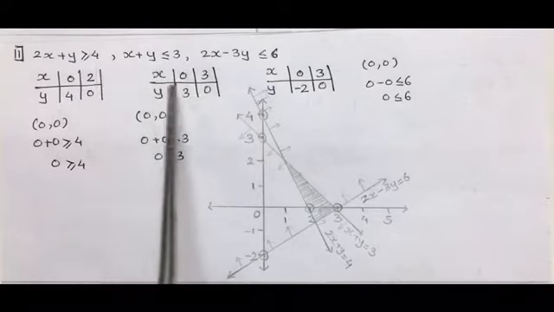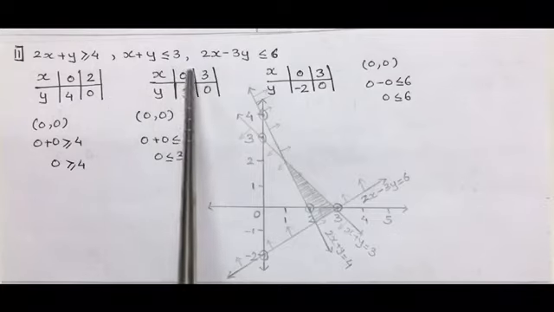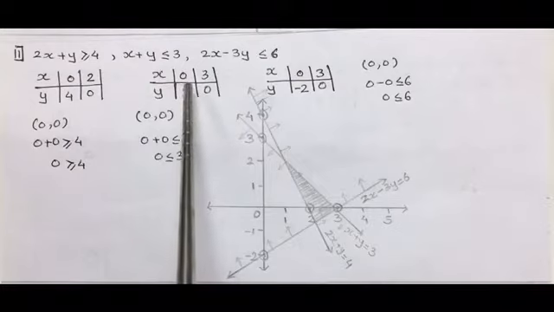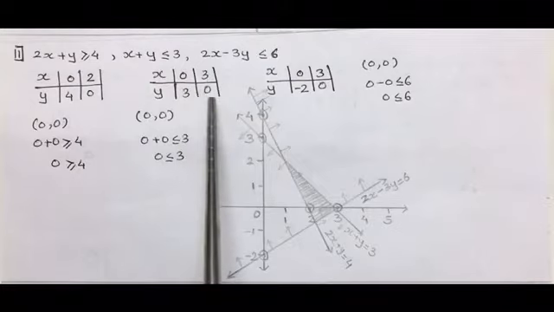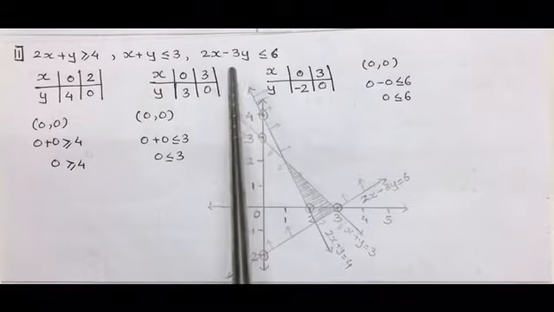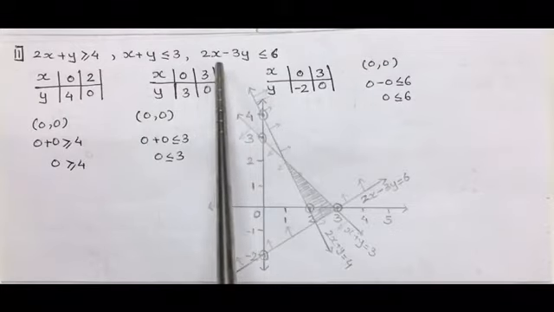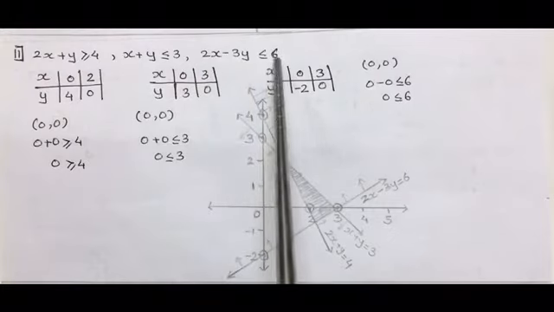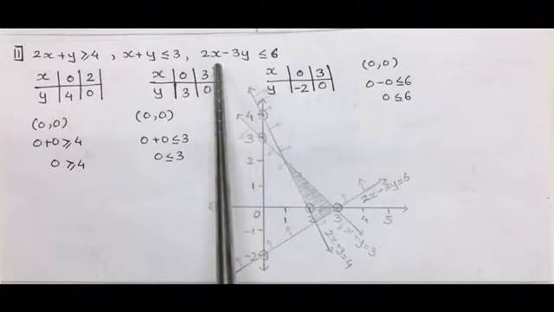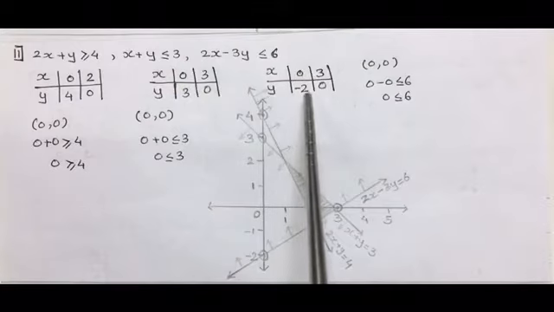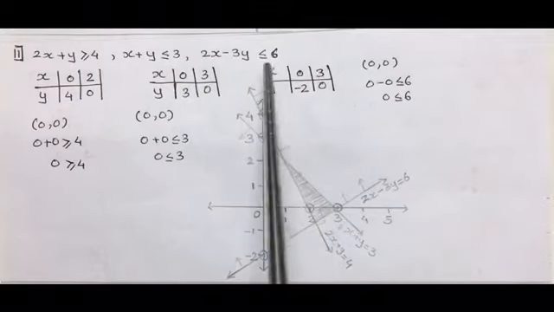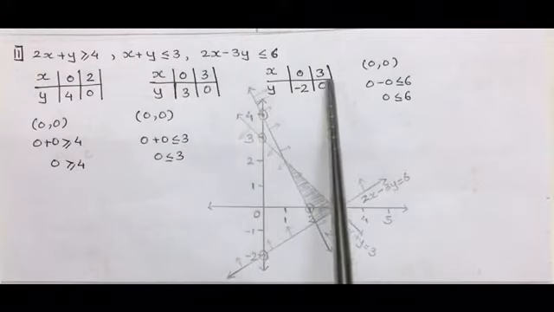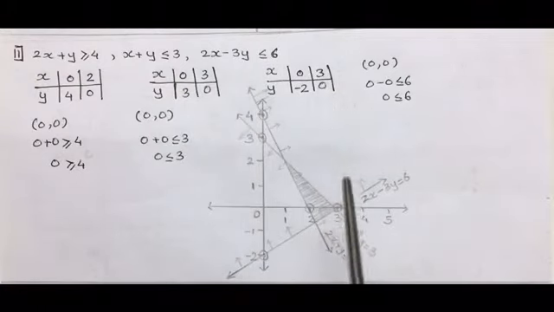Taking up the second inequality, x plus y less than or equal to 3, we get the points (0, 3) and (3, 0). Third inequality is 2x minus 3y less than or equal to 6. Taking x equal to 0, we get y as minus 2, and taking y as 0, we get x as 3.